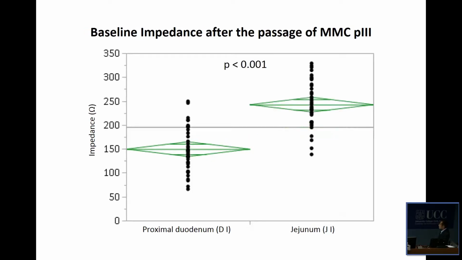In contrast, after the passage of MMC Phase 3, baseline impedance was significantly lower in proximal duodenum than that in jejunum. We believe that this lower baseline impedance is an important finding in this patient population.